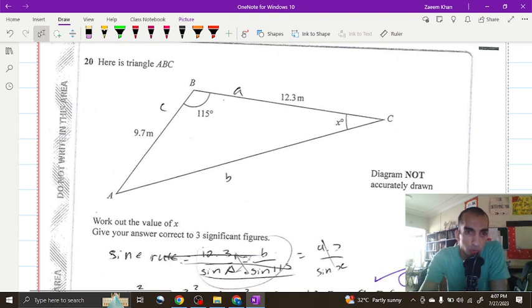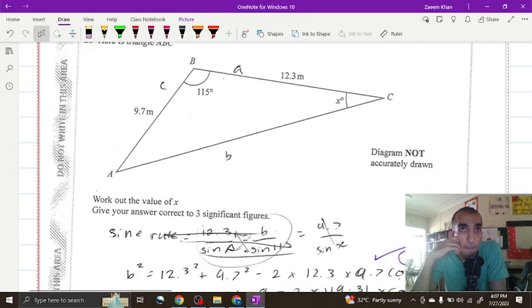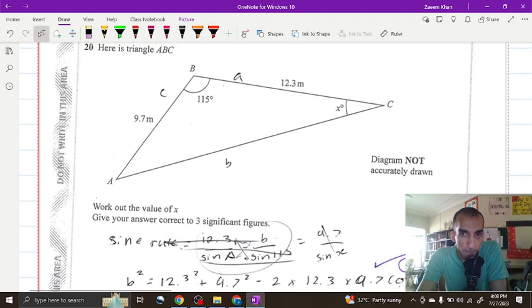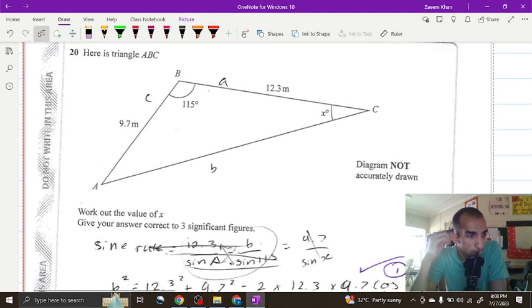What do you think we're supposed to do over here? You have to use trigonometry. Well done. This is a question of trigonometry.